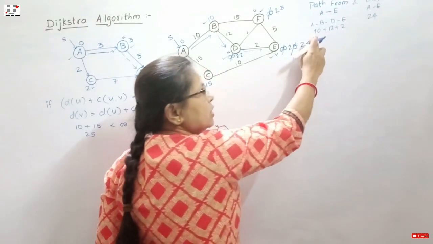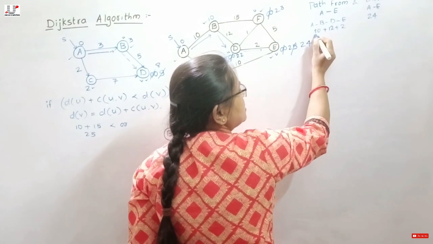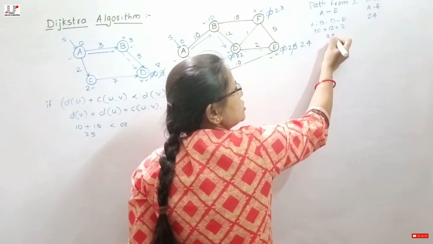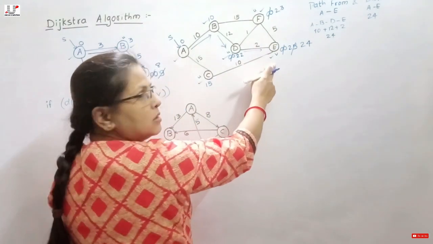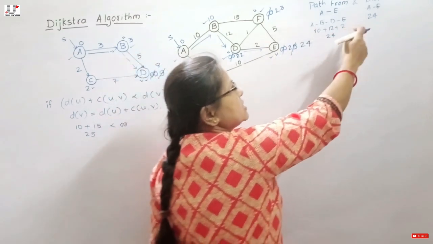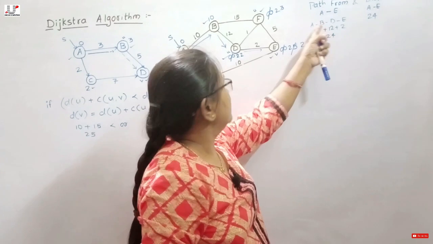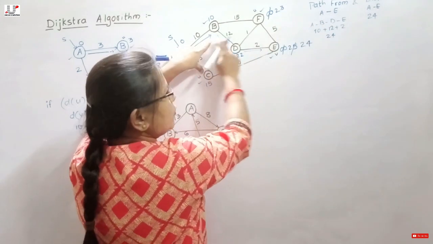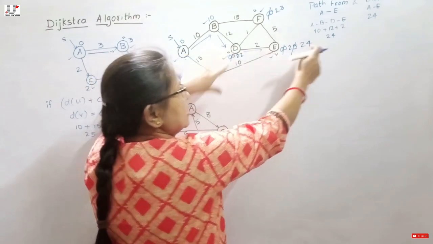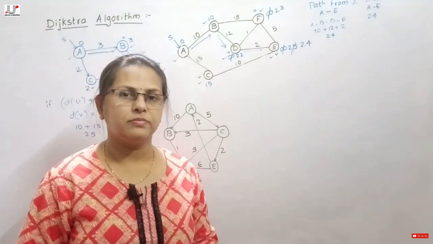And after adding all these weights or cost, 10 plus 12, 22 plus 2, 24. So this is the path from A to E, which gives the distance as 24. And the path is A to B, then from B to D, and then from D to E with minimum distance as 24.